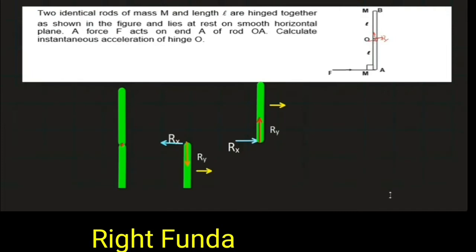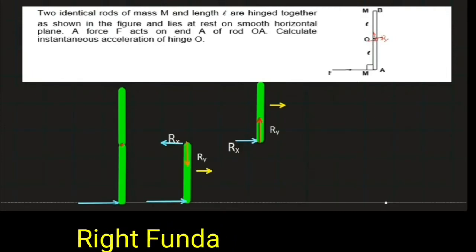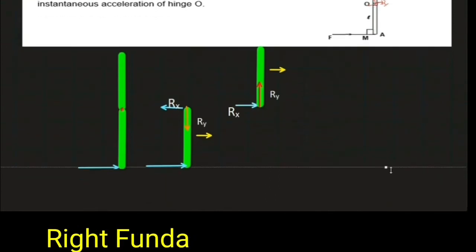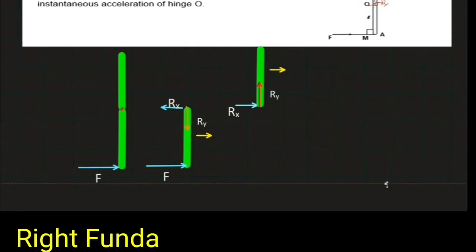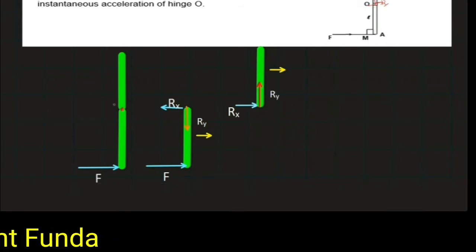If I take the lower part of the rod, here I have taken Rx toward the left-hand side, suppose, and Ry in the downward direction, and every action has an equal and opposite reaction.